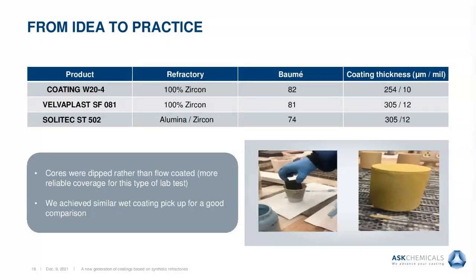We tested different coatings, two zircon-based coatings and one alumina-based coating, which in this case contains a small amount of zircon. And we applied it to almost the same coating layer thickness by dipping, as you see on the pictures.